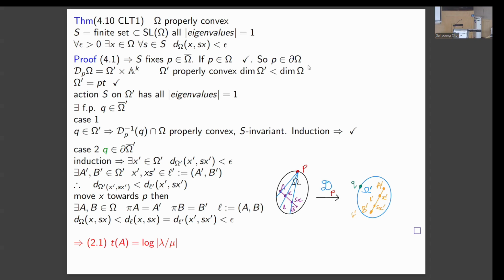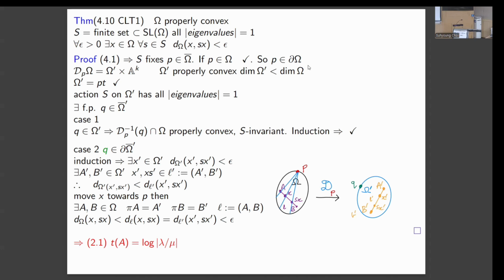In that case, there is a point in omega that is moved less than epsilon by every element in this finite set. In particular, if you have a single projective transformation and all the eigenvalues are on the unit circle, then in fact, the translation length of that element is 0. So this theorem is actually what proves this formula for the translation length.